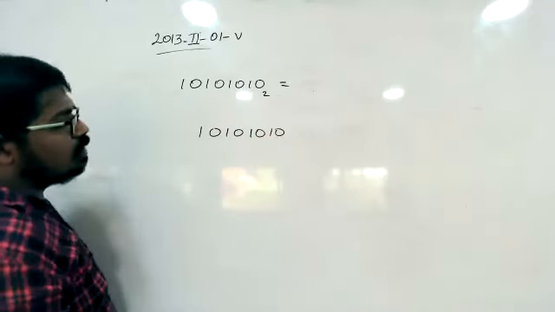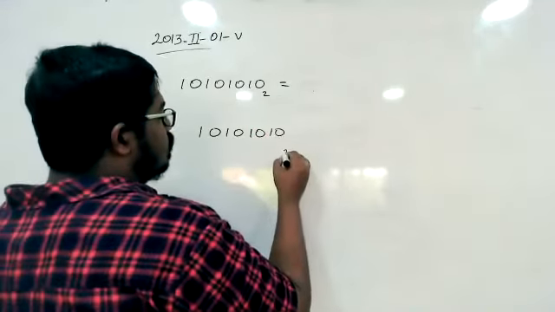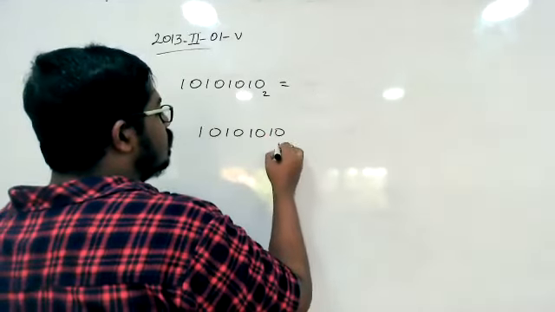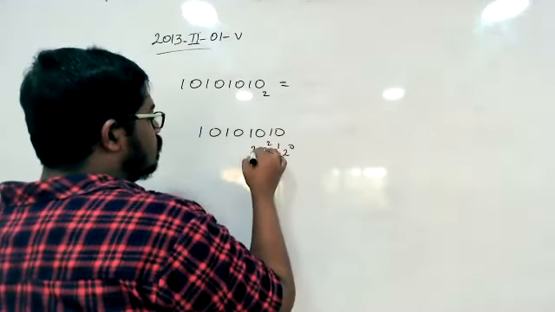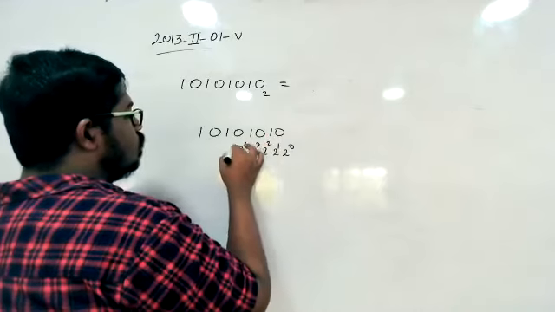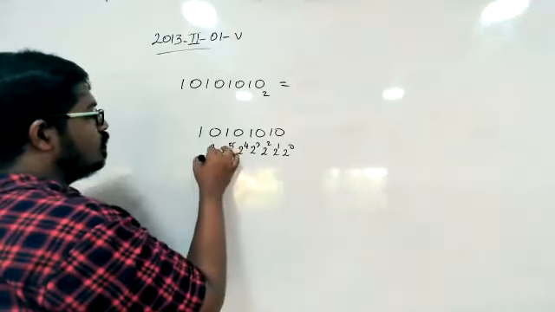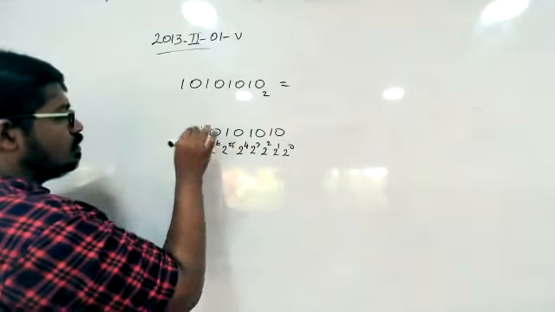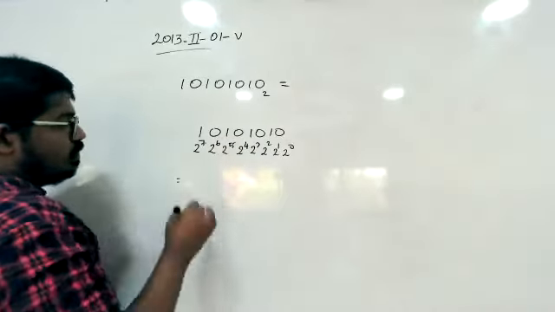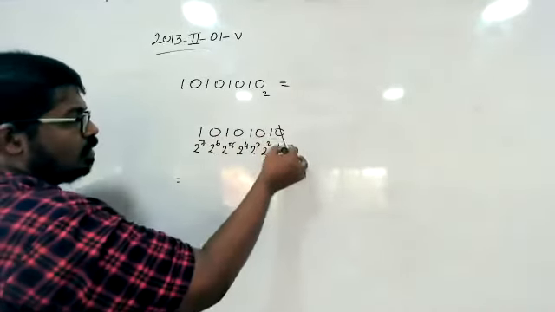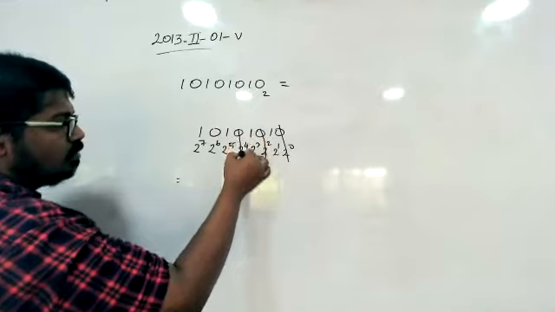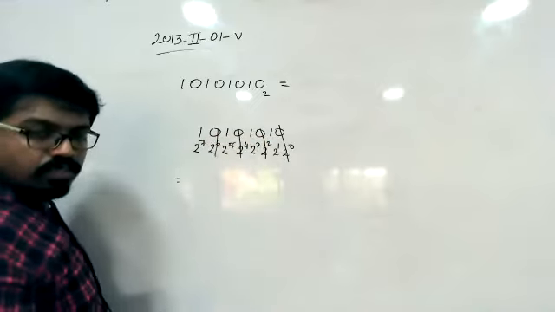So you can perform the computations by multiplying by powers of 2. I can remove this one, this one, this one, and this one. Why?